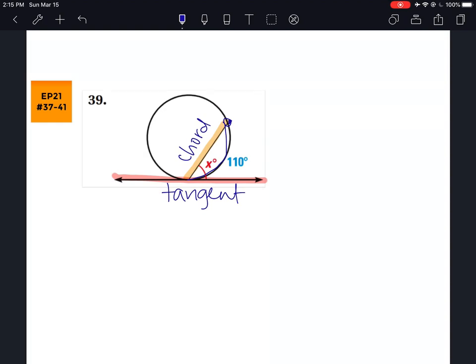So here's the relationship. The angle formed, which is angle x, is equal to 1/2 the arc. So notice that x is the angle, and that's why I left it in my formula.